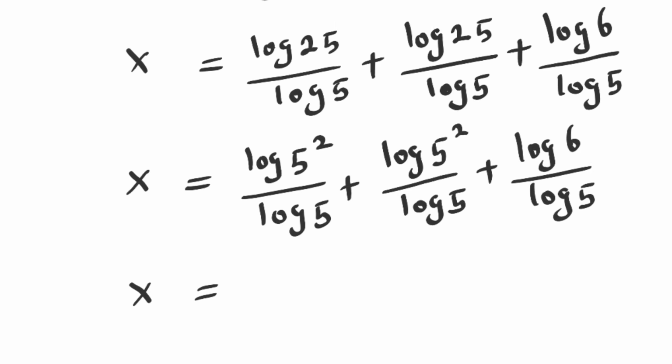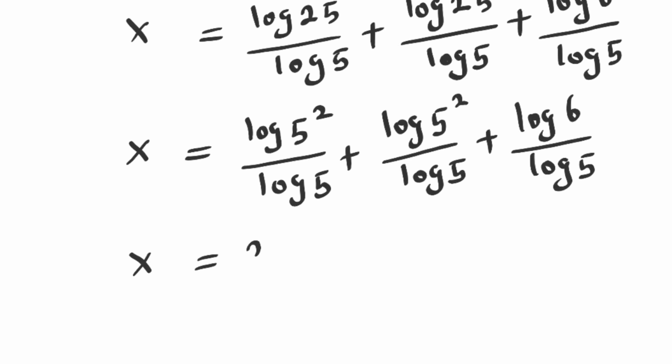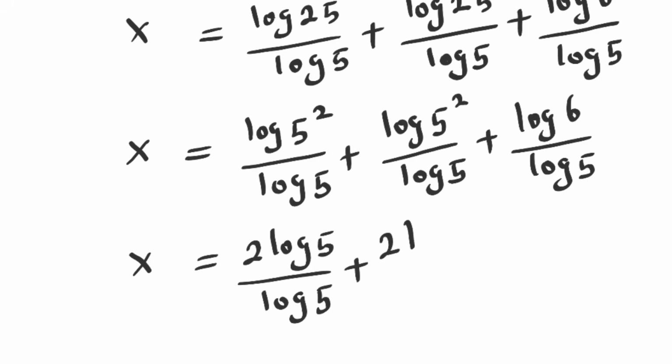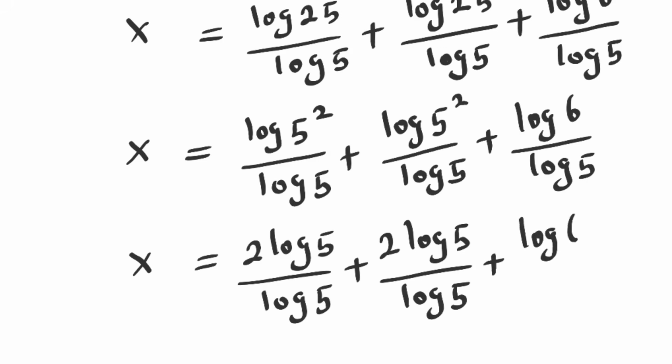x is equal to log 5 square can be written as 2 log 5 all over log 5 plus 2 log 5 all over log 5 plus log 6 all over log 5.